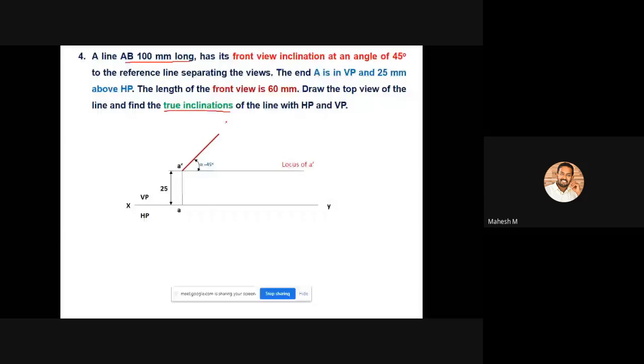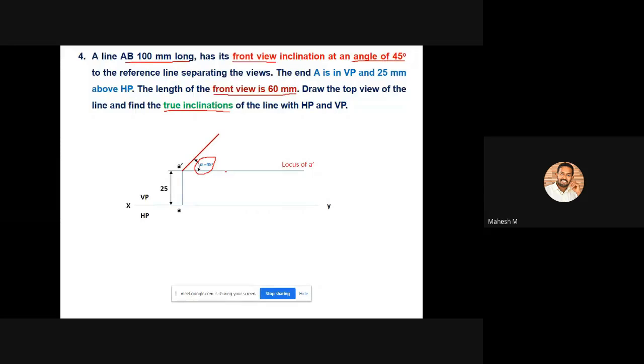So next step, we know the angle for front view, that is 45 degree, and the length of the front view is 60 mm. So we know the angle and also the length. So we can create the front view first with the angle of 45 degree.